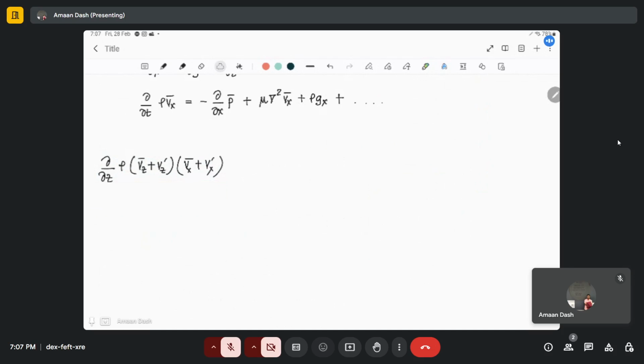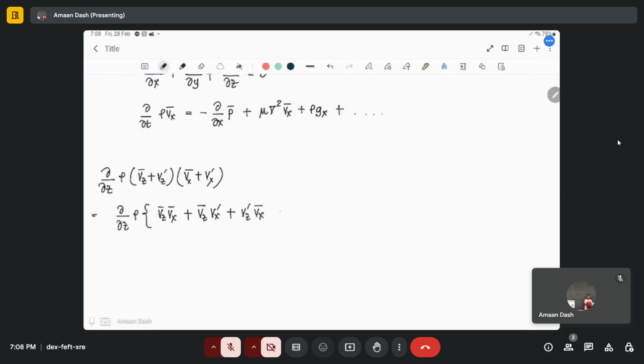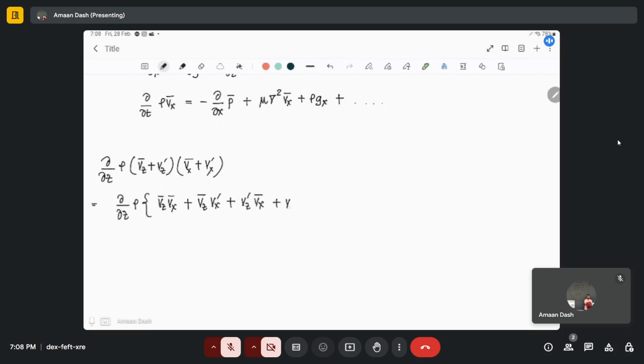So let us take the product. This will be equal to dou by dou z of rho times Vz bar Vx bar plus Vz bar times Vx prime plus Vz prime times Vx bar plus Vz prime Vx prime.